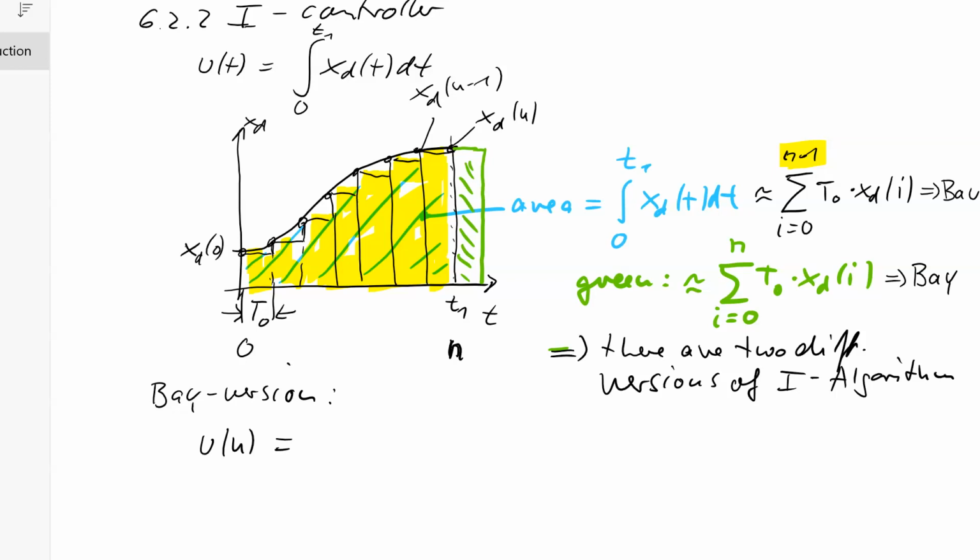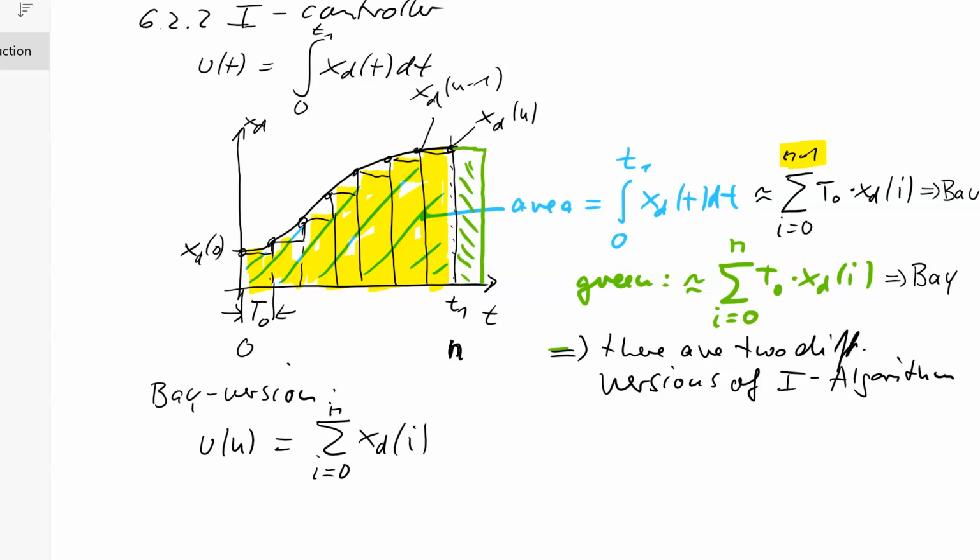The replacement of integration is the sum from i equals 0 up to n of xd of i times the sampling time.